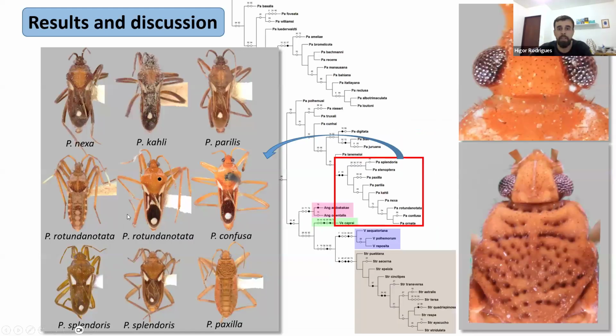Another clade here: we have 7 closely related species whose bodies are covered with small black denticles, and their forewings have a very similar pattern of spots, and probably they can be another good genus, a new genus.